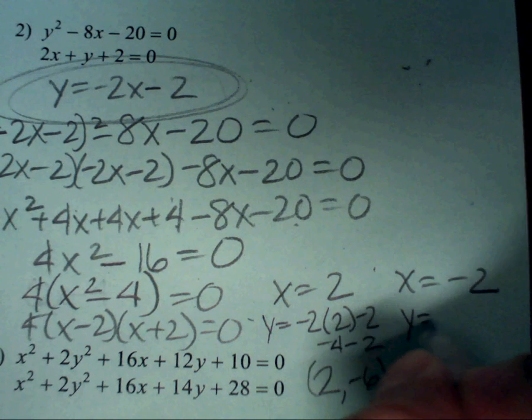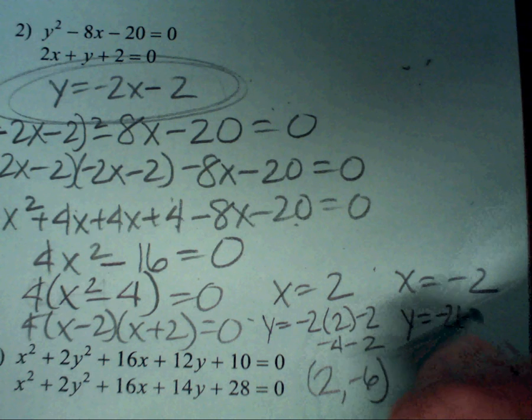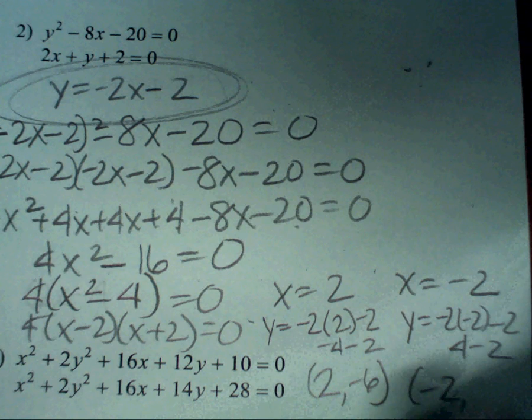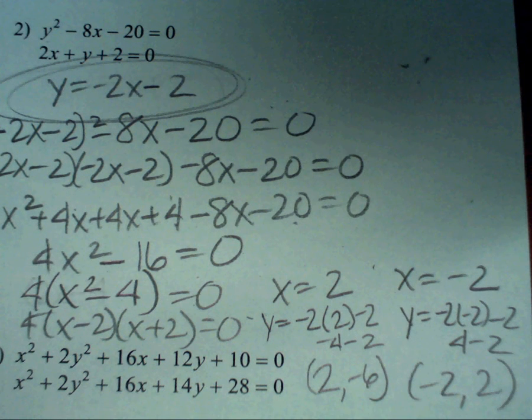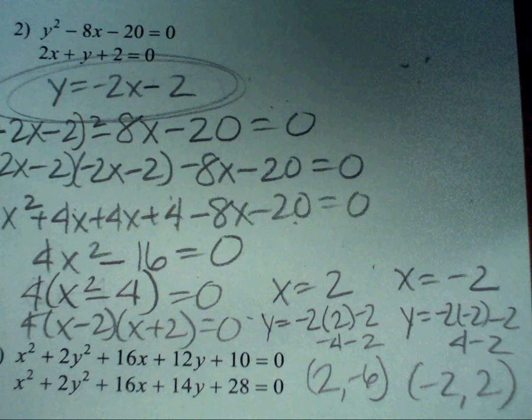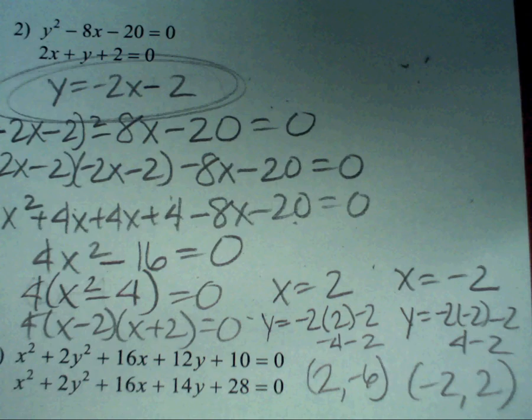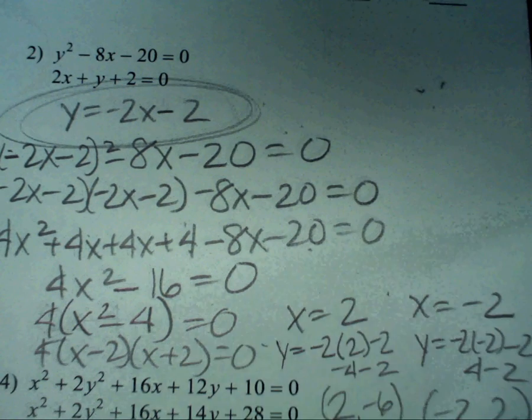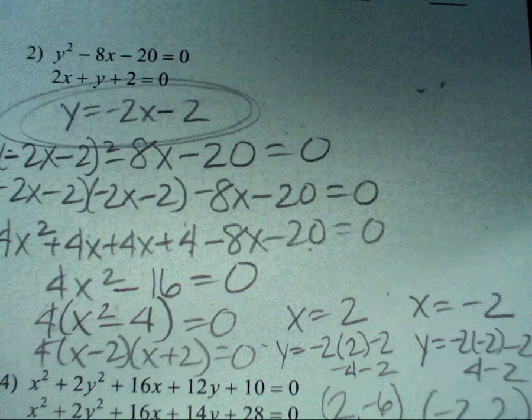And then negative 2 times negative 2 minus 2, 4 minus 2, so negative 2, 2. So these solutions could be, if you're talking about a linear and a quadratic, one solution, two solutions, or no solution. This is a quadratic, that's the top equation, and the second one is a linear one.